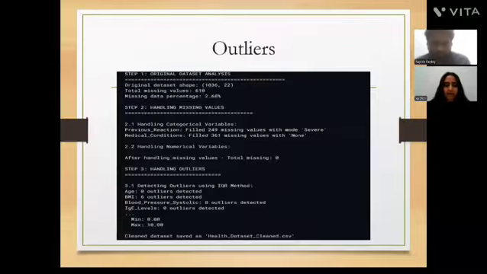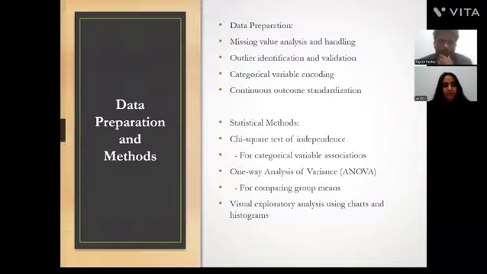So we detect that and we solve that. Here you can see in section A, we find the outliers before and now. After detecting and removing, we have zero outliers in BMI and blood pressure as well. So minimum is 0 and maximum is 10.